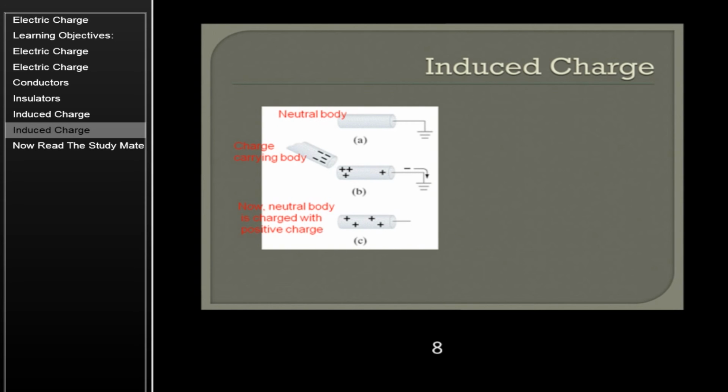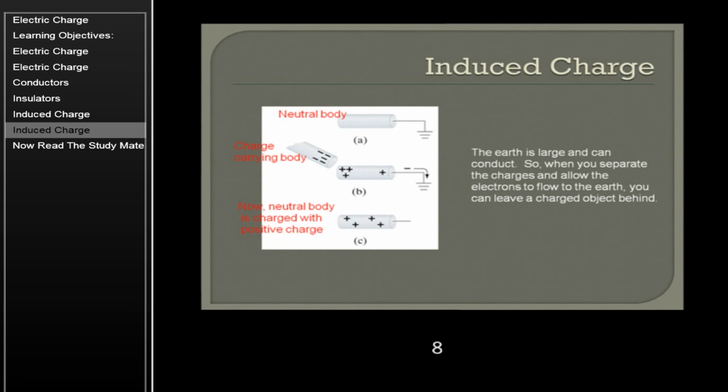The earth is large and is a conductor. So, when you separate the charges in a body and allow the electrons to flow to the earth, you can leave a charged object behind.